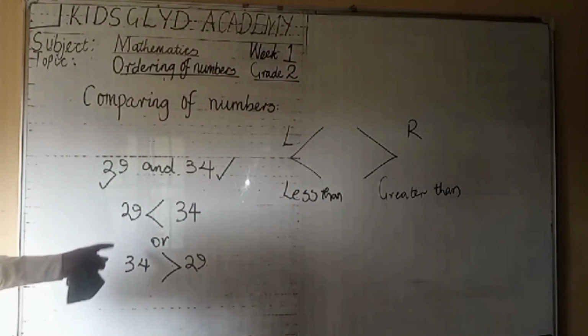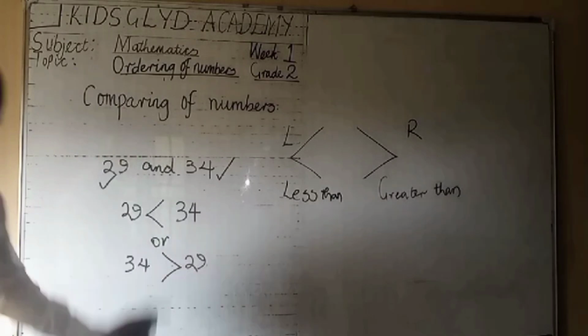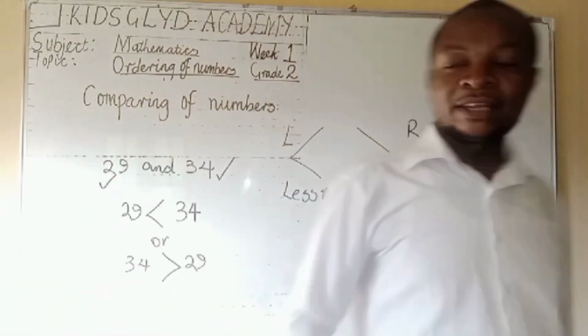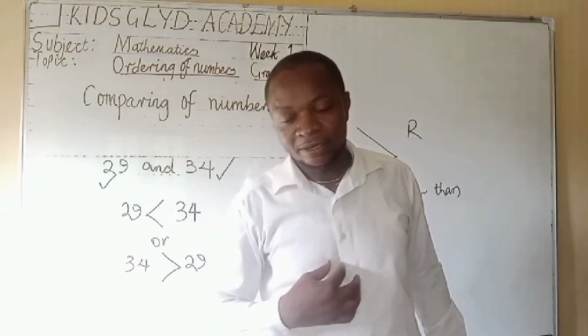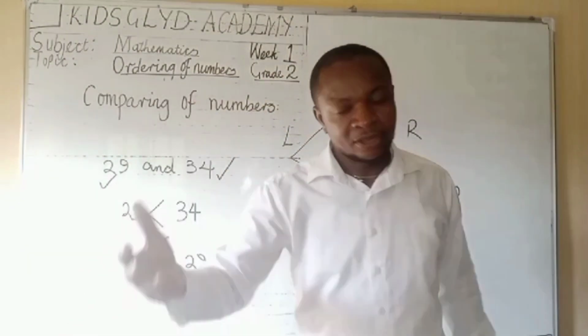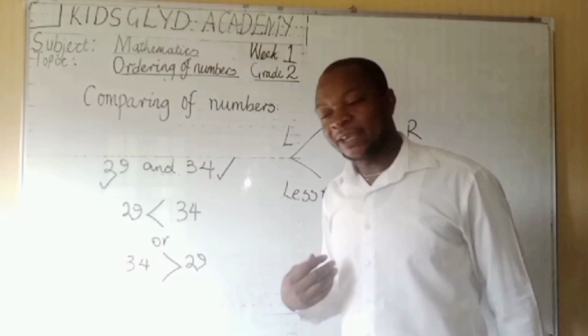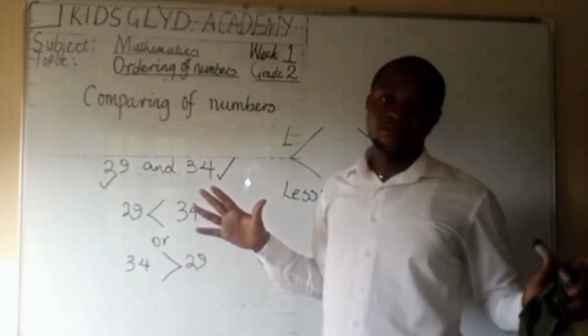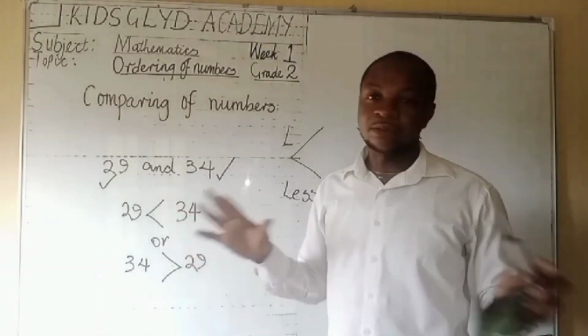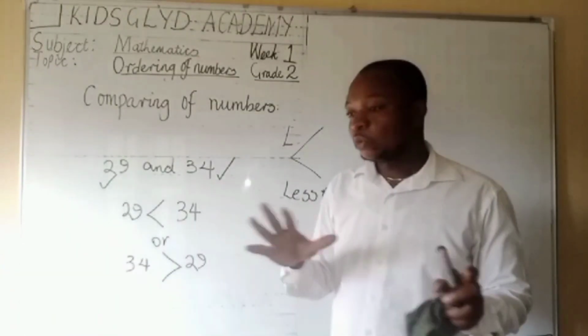However you write it, these two methods are still saying the same thing. It's either you, Sean, you will tell me that, Mr. Michael, you are older than me, or you say, Mr. Michael, I'm younger than you. You are still saying one thing. It doesn't matter which one comes first.